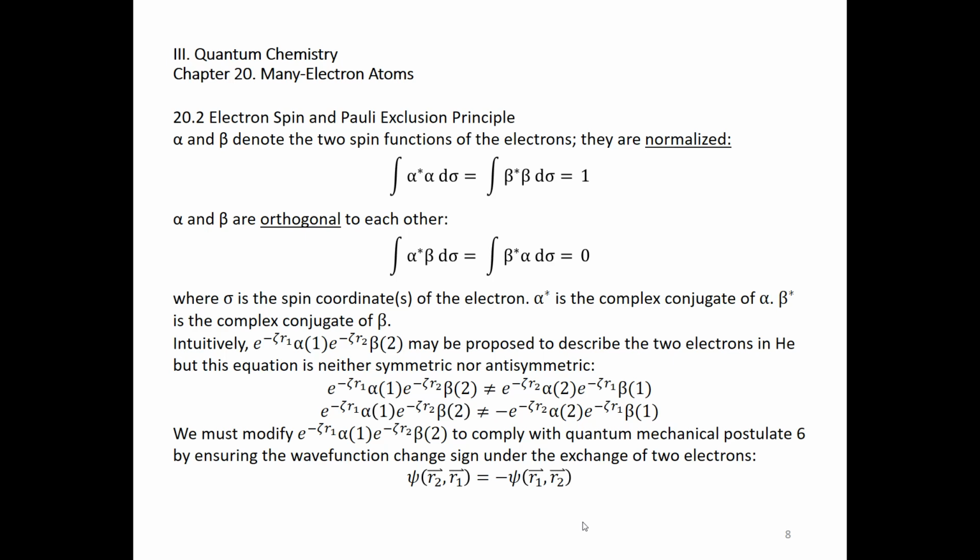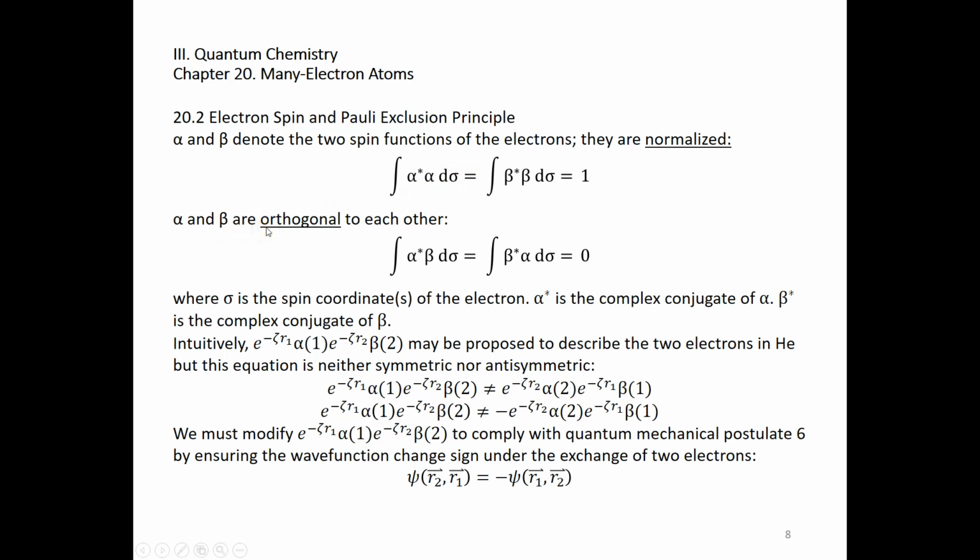That means the integral of alpha star times alpha d sigma is 1. The integral of beta star beta d sigma is also 1. Here, alpha star is the complex conjugate of alpha, beta star is the complex conjugate of beta, and sigma is the spin coordinates of the electron.